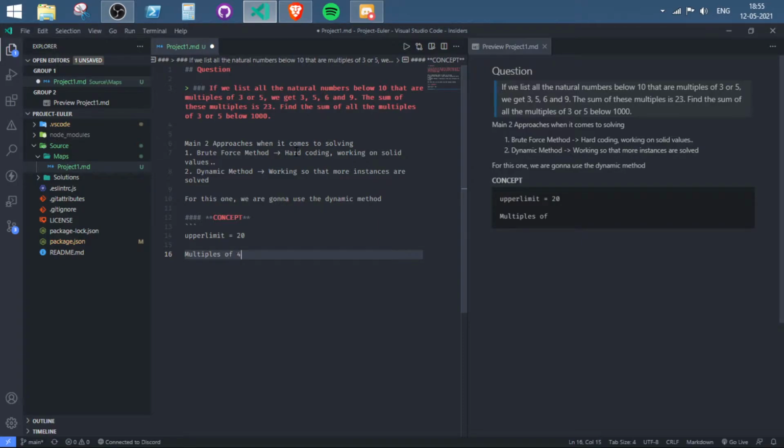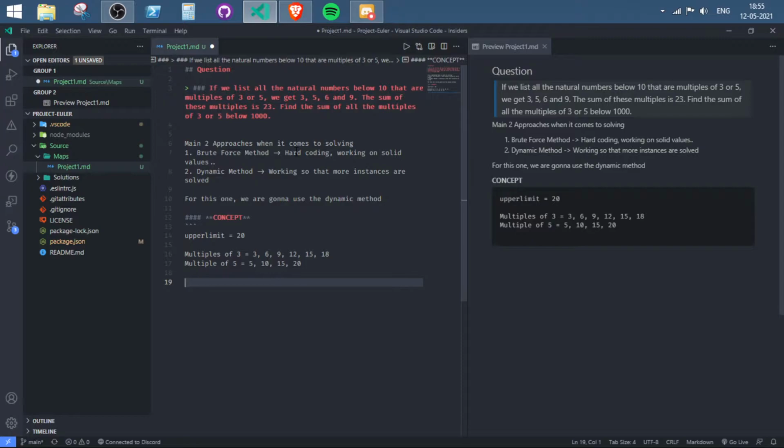So multiples of 3 are 3, 6, 9, 12, 15, 18. On the other hand, multiples of 5 are 5, 10, 15 and 20.